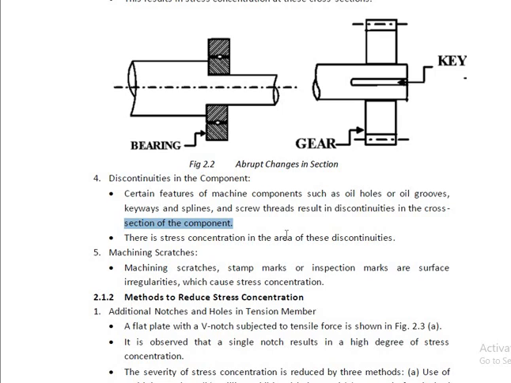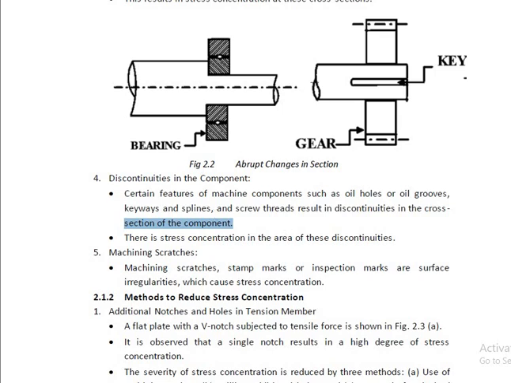Discontinuities in the component means the cross section of the component is not continuous. There is a possibility of keyways in the component. There is a possibility of holes in the component which will cause localization of stress at that hole point, and at that keyway point.